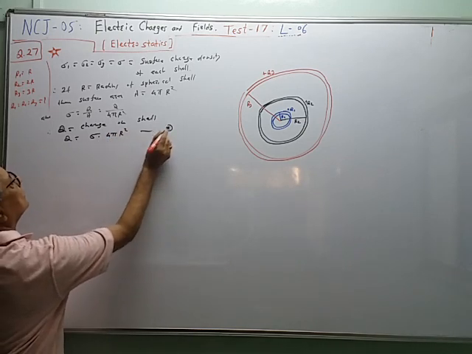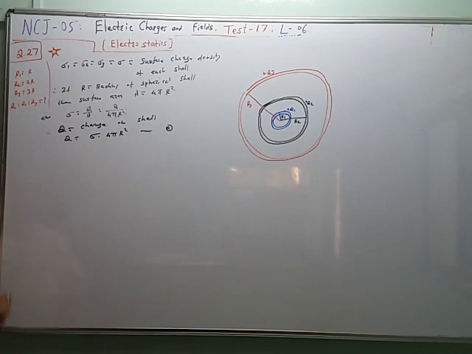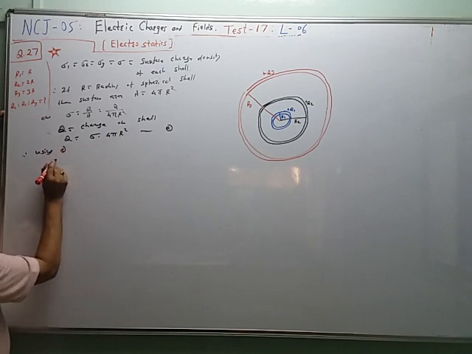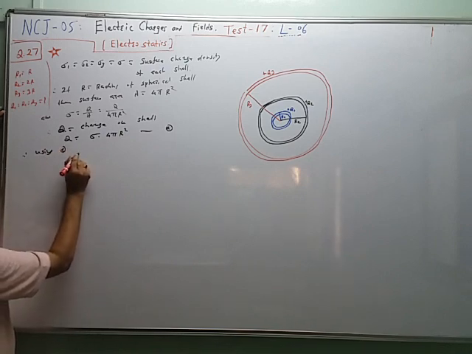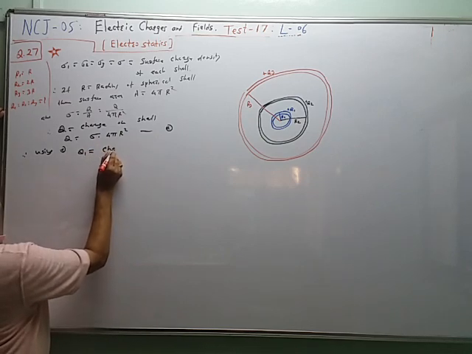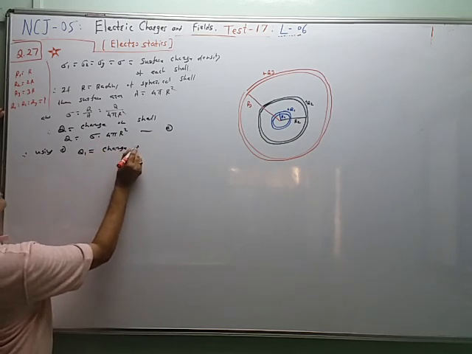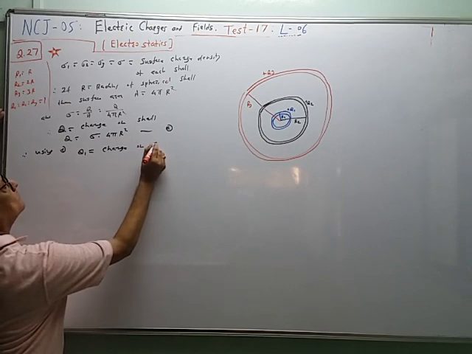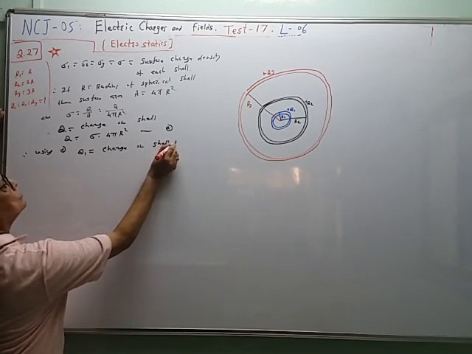This is equation E. Therefore, using E, Q1 is the charge on shell 1.